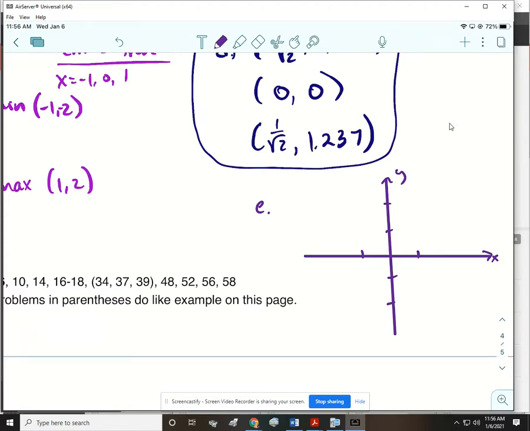So the function has a relative minimum at -1, -2, and a relative maximum at 1, 2. Okay. I also know I have 3 points of inflection. So at negative square root of 1/2, which is about negative 0.7, and then negative 1.2-ish, and then at 0, 0, and at positive 0.7, 1.2-ish.